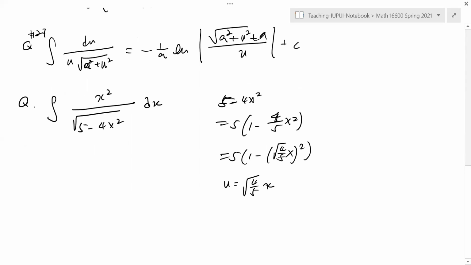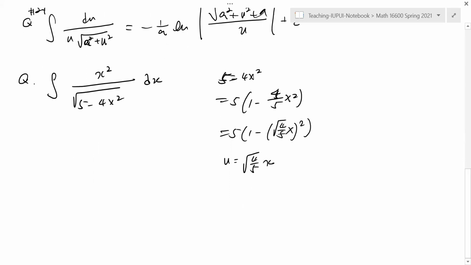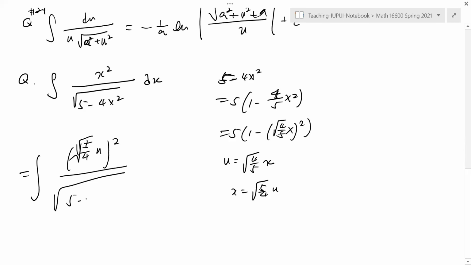Okay, let u be this number. Then x is going to be the square root of 5 over 4 times u, right? Okay, so the integral here becomes square root of 5 over 4 u squared, and here 5 minus 4 x squared, where x is square root of 5 over 4 u, and also dx is going to be square root of 5 over 4 du.